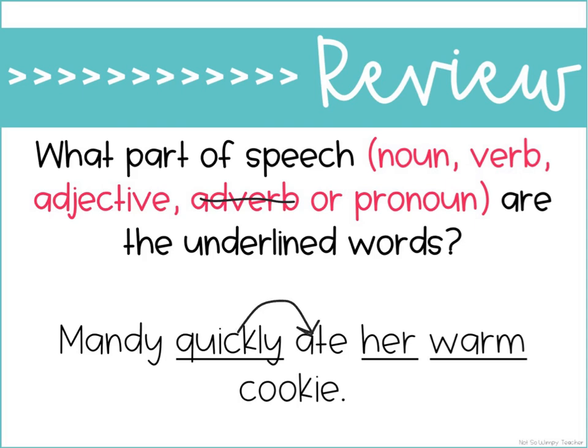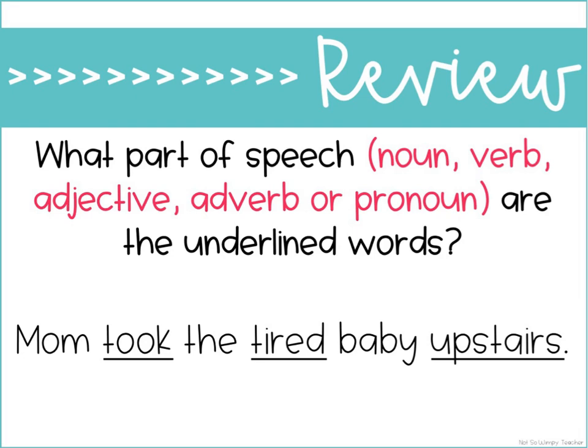Adverbs describe verbs. Her, what is her? Her is describing Mandy, but her is what? That's right, her is a pronoun. And then warm. Warm is describing Cookie. So warm has to be an adjective, right? All right, let's see what the next one is.